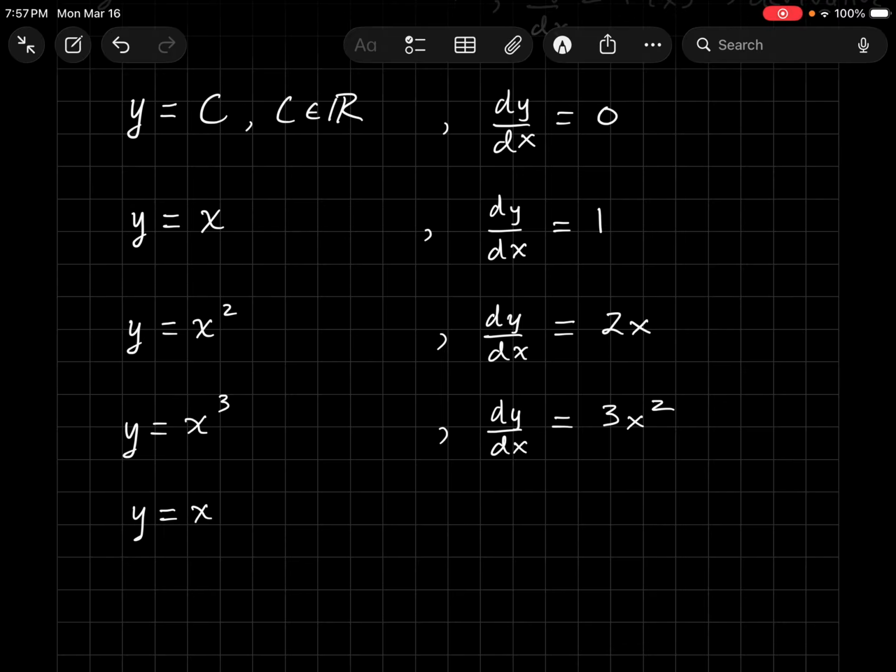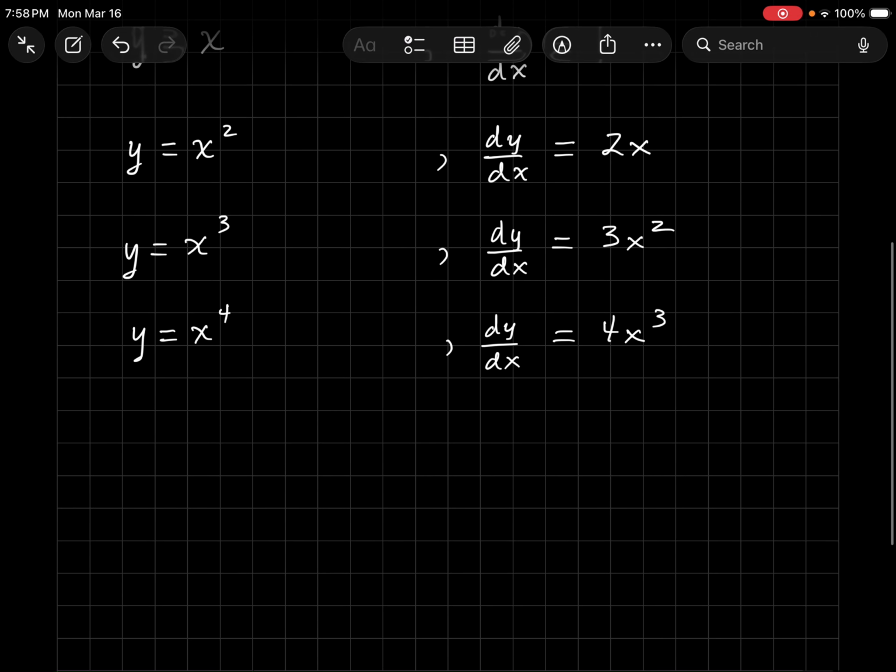So see if you can get the derivative of y equals x to the fourth before I write it down. Well, the derivative is 4x cubed. This is something called the power rule.